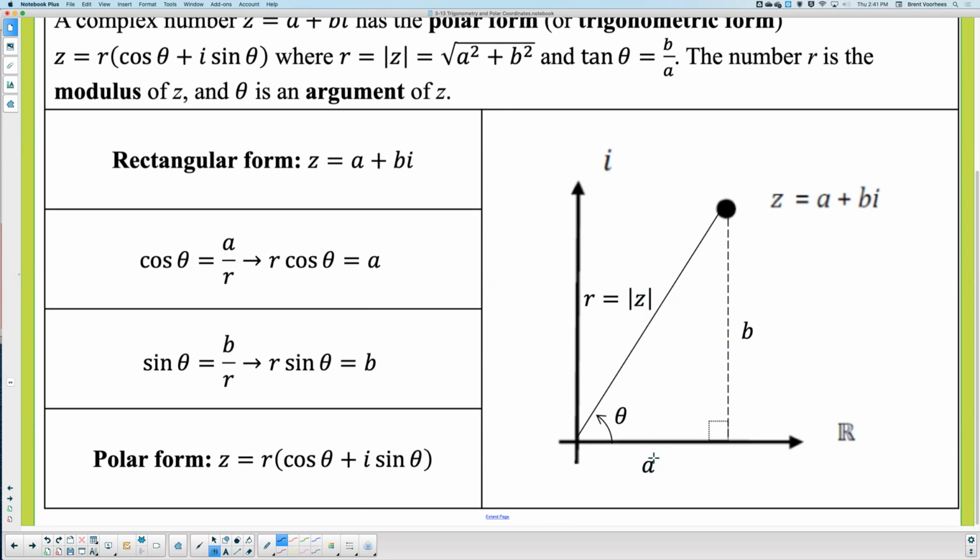What takes the place of x? Okay, so it's going to say cosine is a over, and I messed this up. I put an r there. What should I have used for complex? Not an r, but absolute value of z. That's what should be there. Whoops, my bad. And that would also make this change. And now I have it right.